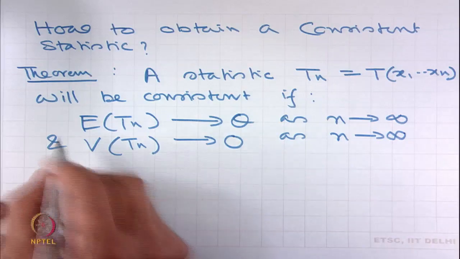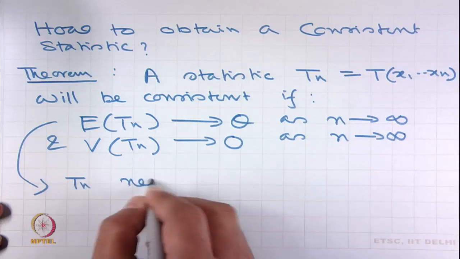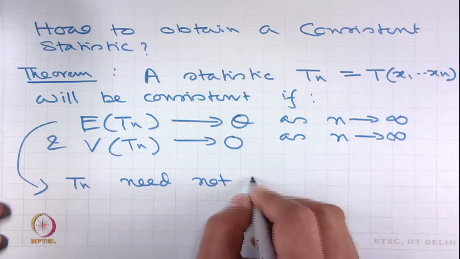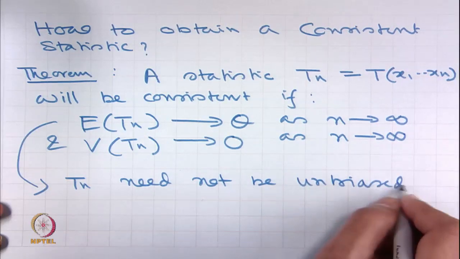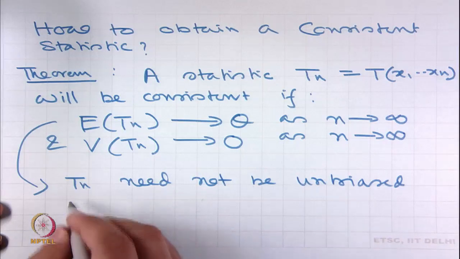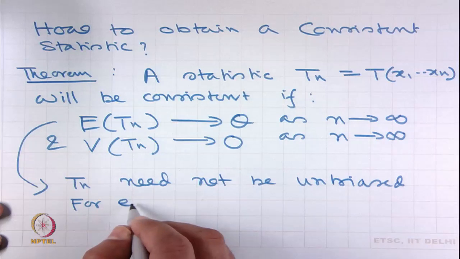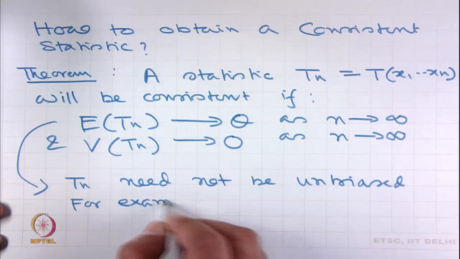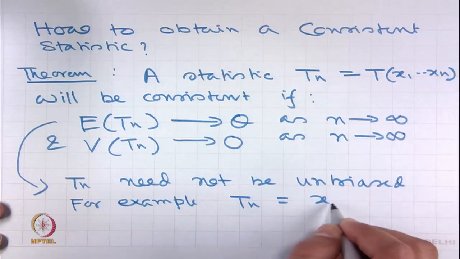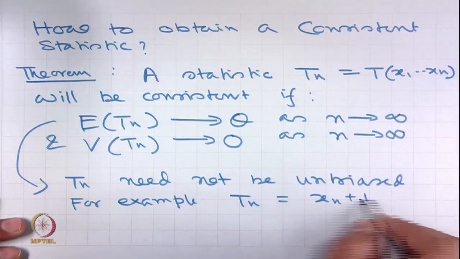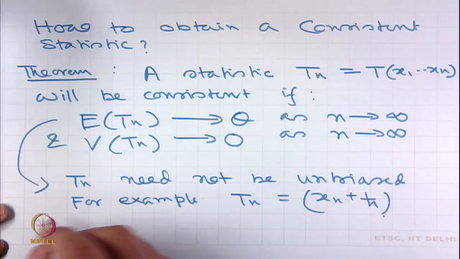So, first thing we note is that T n need not be unbiased. For example, T n is equal to x bar n plus 1 by n. What is the expected value?